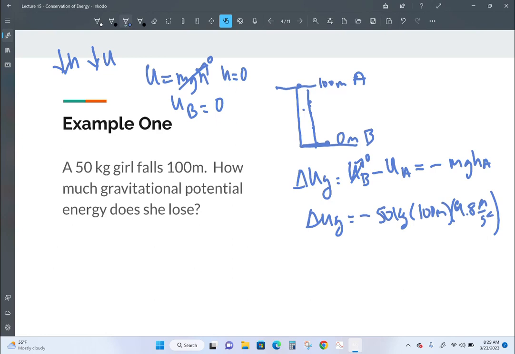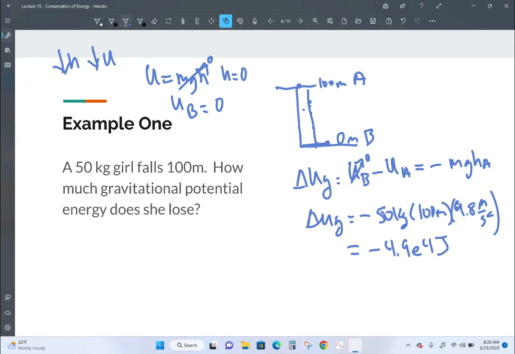That's 5,000 times 9.8, and that's going to give us a change of negative 4.9 e to the 4 joules.